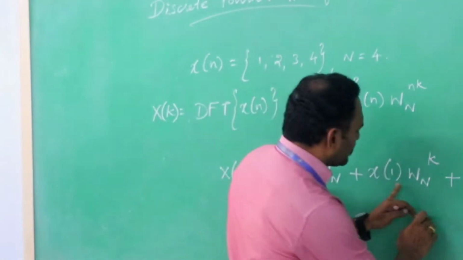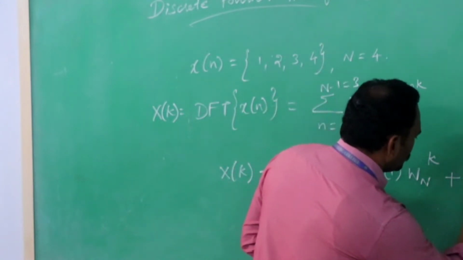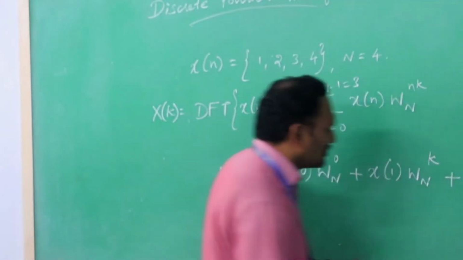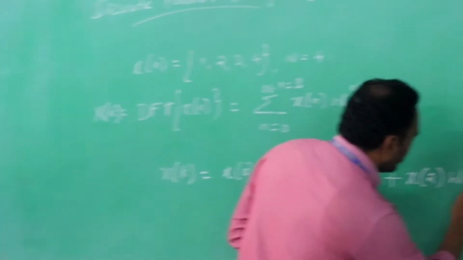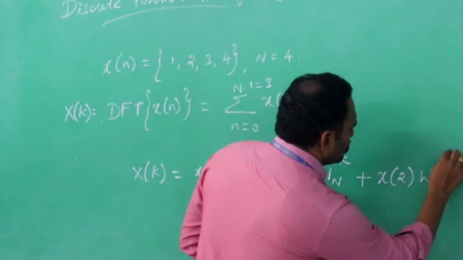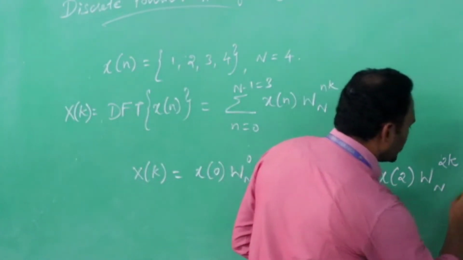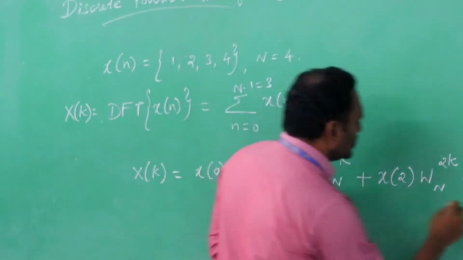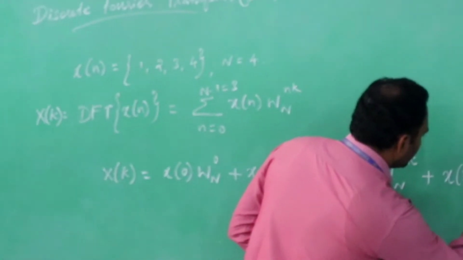So x of 1 into W N power n k plus x of 2 into, substituting n equal to 2, W N to the power 2 into k. Likewise, substituting n equal to 3, we get x of 3 into W N to the power 3 into k.